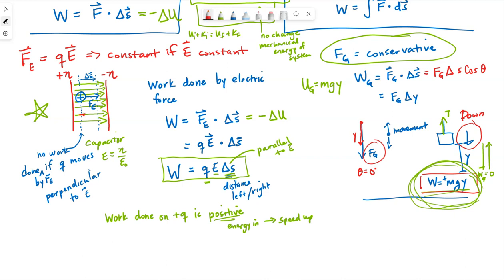It is possible that we could have a negative charge in here, an electron. The electron, of course, doesn't naturally want to move to the right because it's repelled by the negative plate. It wants to move to the left. Its electric force is to the left. So the work done on a negative charge is positive when it moves opposite the electric field.